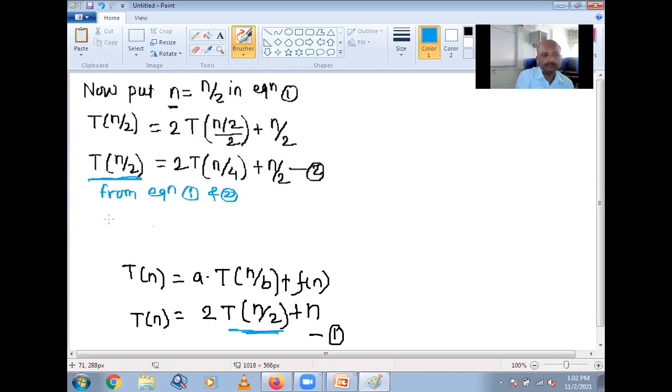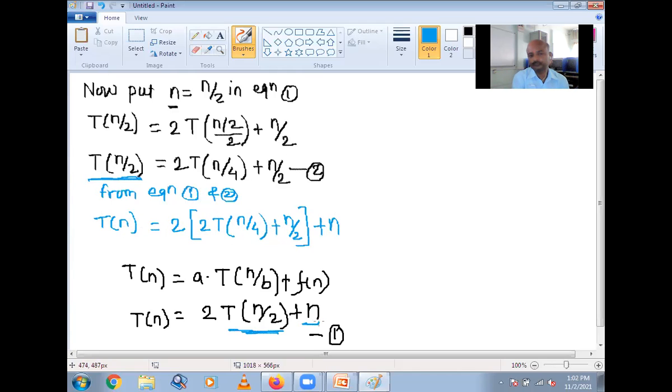So we get T of n is equal to 2 in brackets, 2 T of n by 4 plus n by 2, plus n. I will repeat once again.